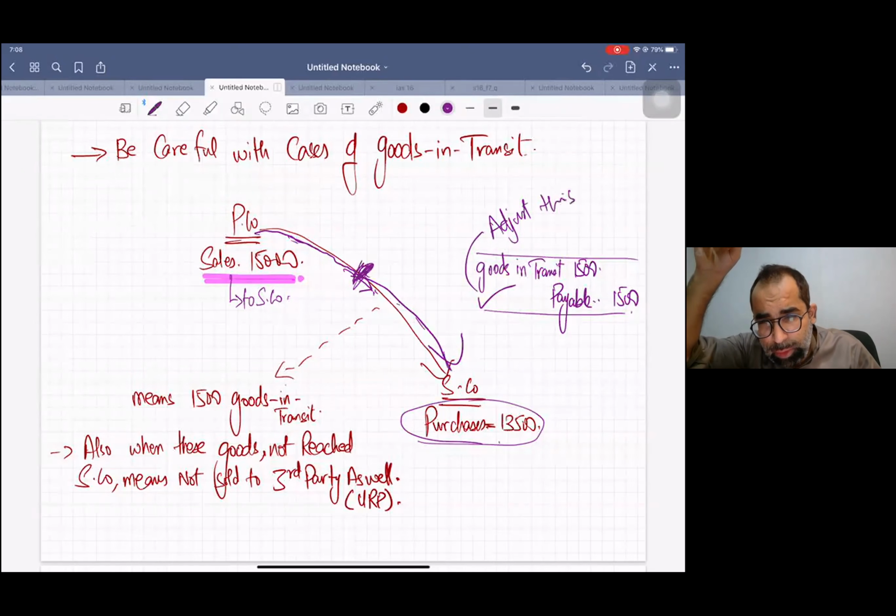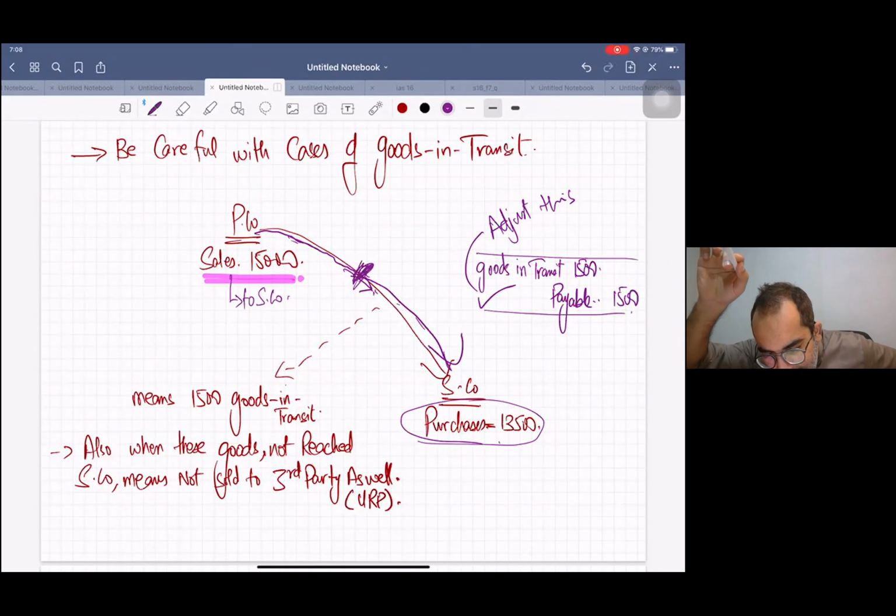You will go to S company's balance sheet, and you will increase S company's inventory by 1500 and S company's payable by 1500. Now this is the first thing.